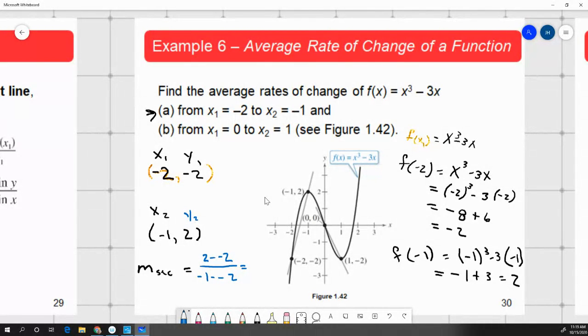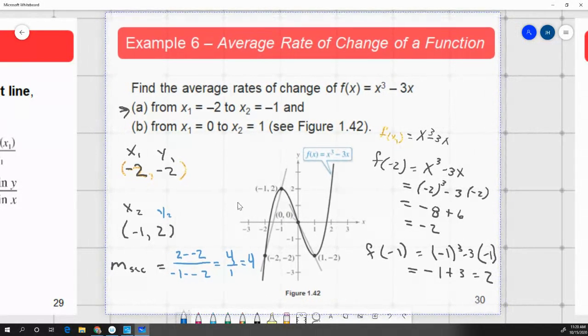And what's going to happen there is this becomes a plus, right? 2 minus -2 is the same as saying 2 plus 2, which is 4. -1 minus -2 is like saying negative 1 plus 2, which is just 1. So we're going to have a slope of 4. M secant is going to be 4.